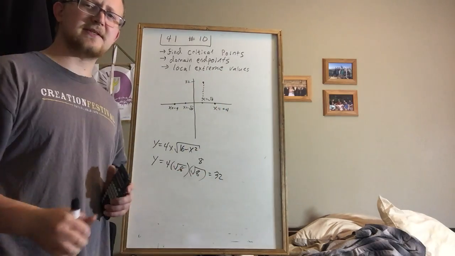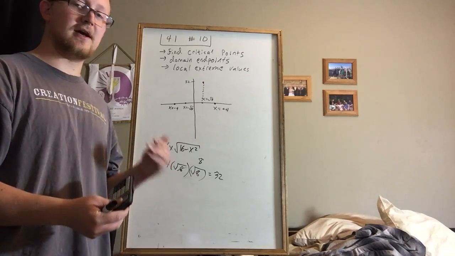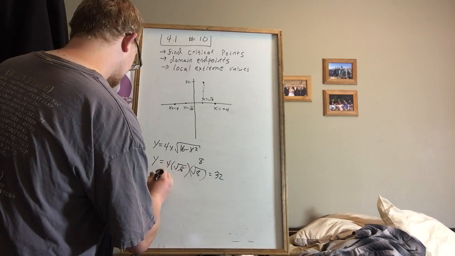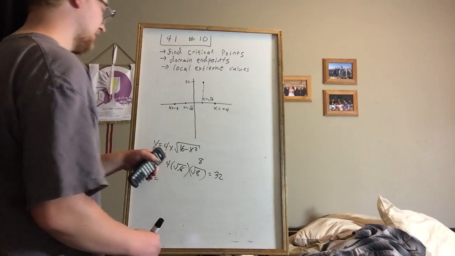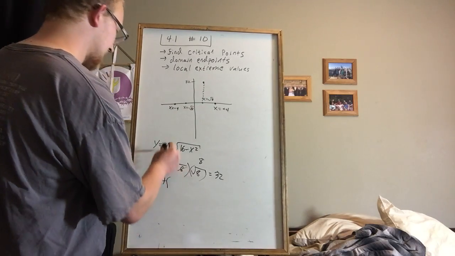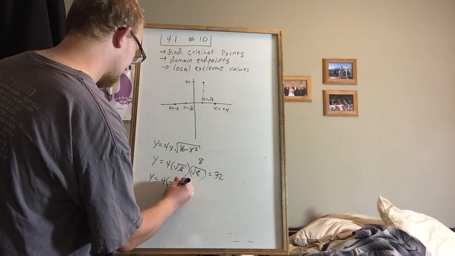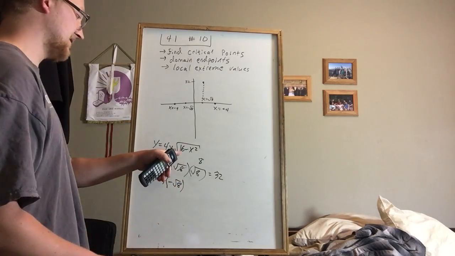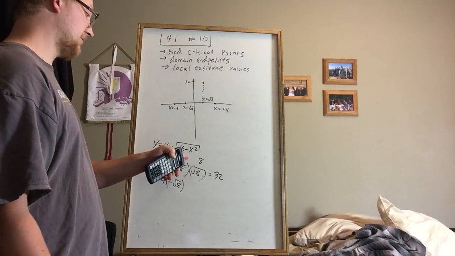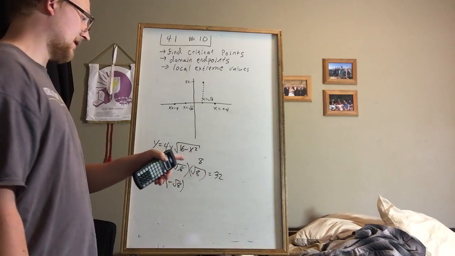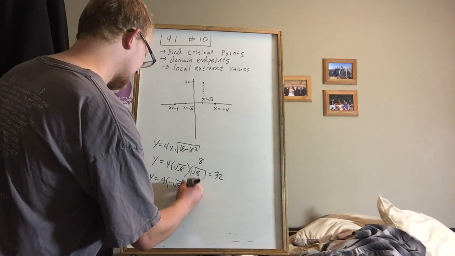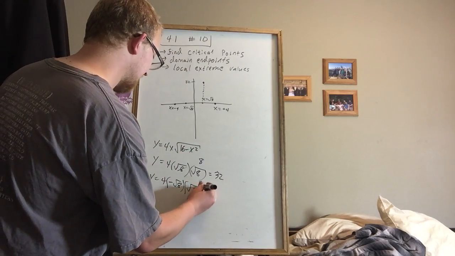And so that looks like a maximum. We'll have to check out the other points, though, to figure out if it actually is. So when we plug in negative square root of 8, now we have 4 times negative root 8. And then inside of this radical, negative root 8 squared is 8. So 16 minus 8 is 8, so we're multiplying that by positive root 8 again.